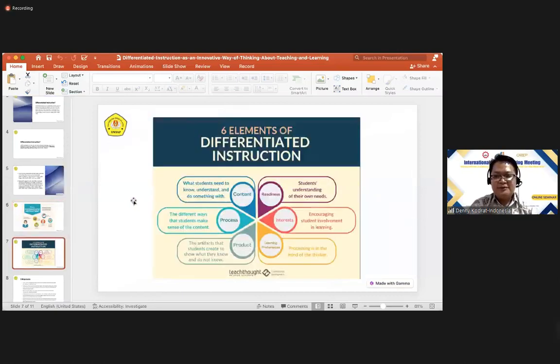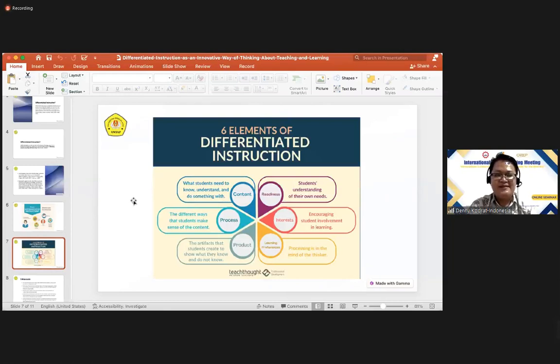So there are two sides of differentiated instruction performed by teachers, with six elements. On the left side, there are content, process, and product, which can be chosen by the teachers.